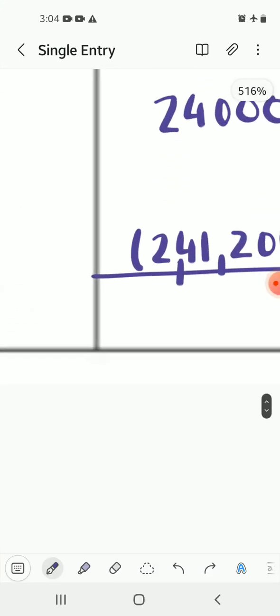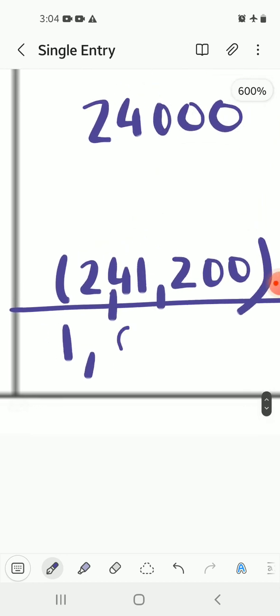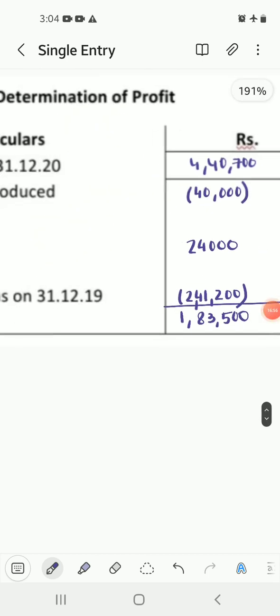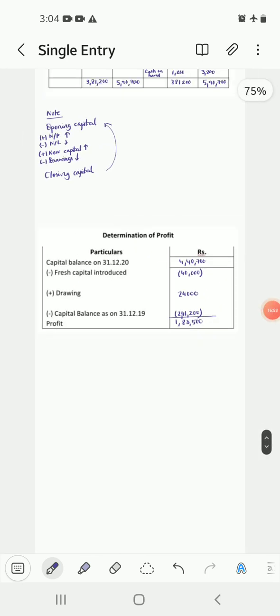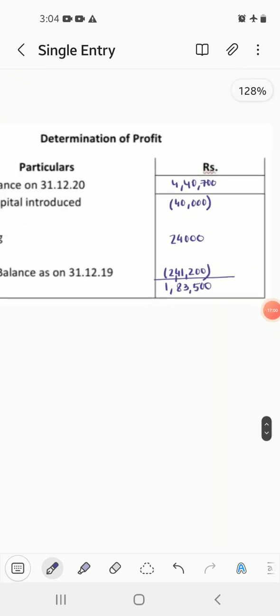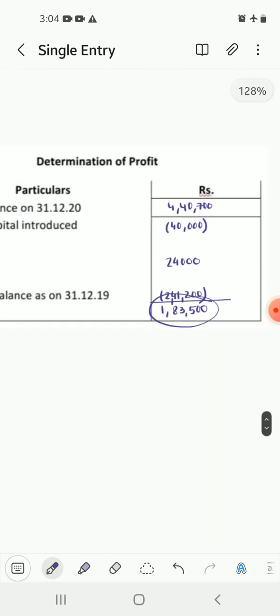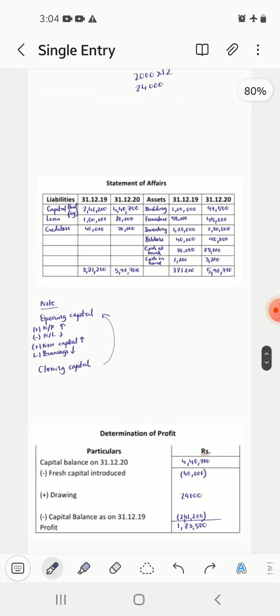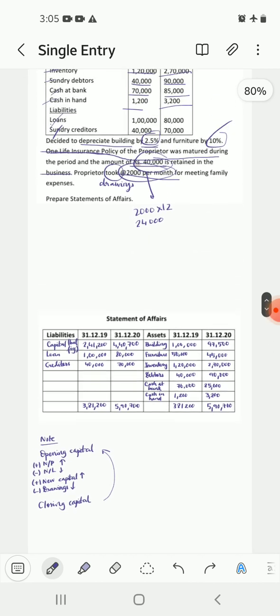We're going to write it over here. This is basically my net profit. If this was a negative balance, it would have been treated as a net loss and not profit. That is how you perform a sum of single entry.